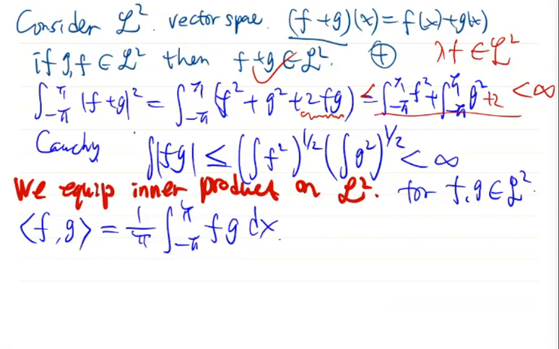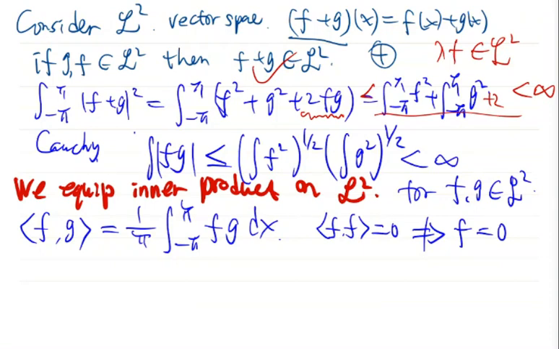As you can check, this satisfies the requirements of an inner product, except that the inner product of f with itself being 0 does not mean that f is the zero function. This is the only violation of the definition of the inner product.